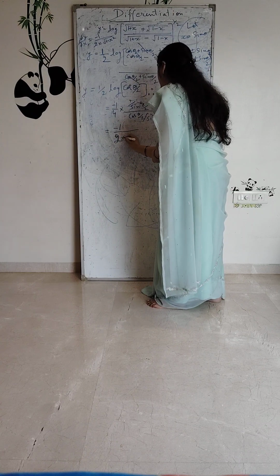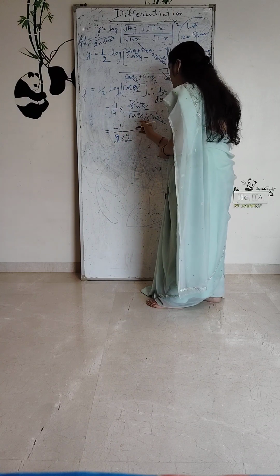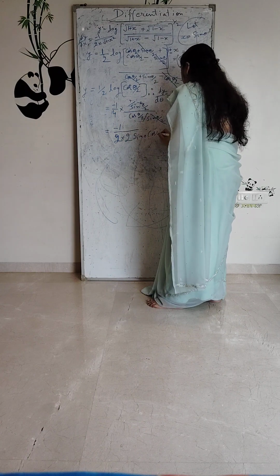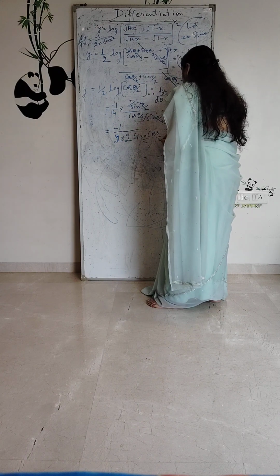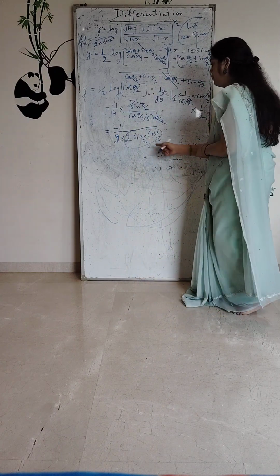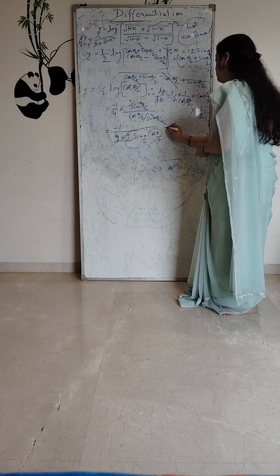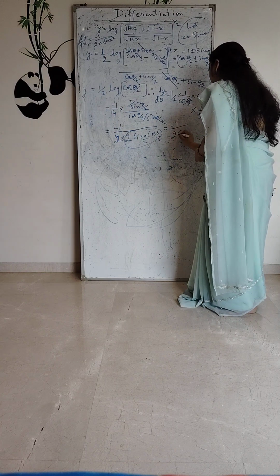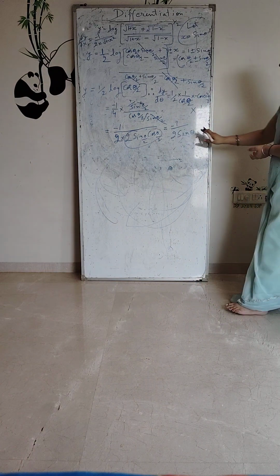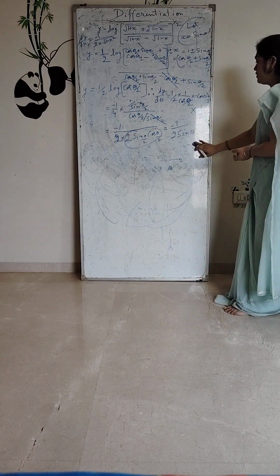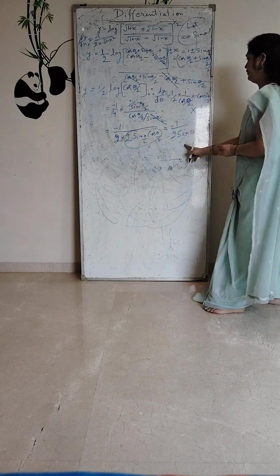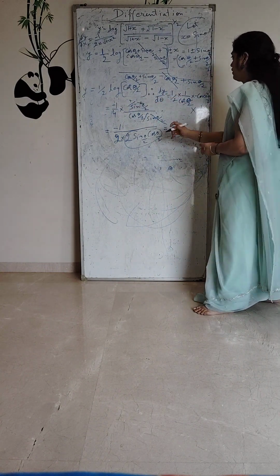We may write 4 as 2 into 2 sin theta by 2 into cos theta by 2, so this will become the formula of sin theta. 2 into sin theta by 2 into cos theta by 2 is sin theta, so this is minus 1 by 2 sin theta. This is dy by d theta.